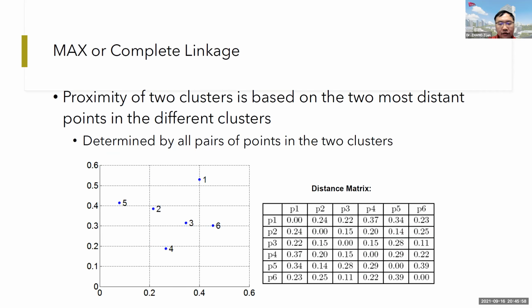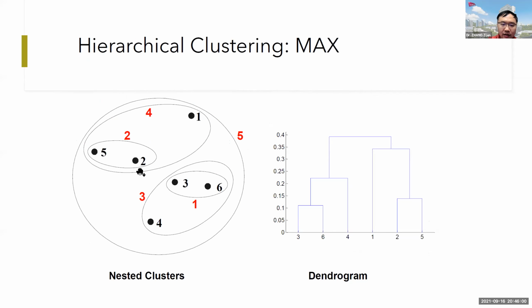After you merge 3 and 6, the distance between each of the remaining data points to that cluster is computed as the farthest distance. It can be written like this. I use data point 2 as an example.